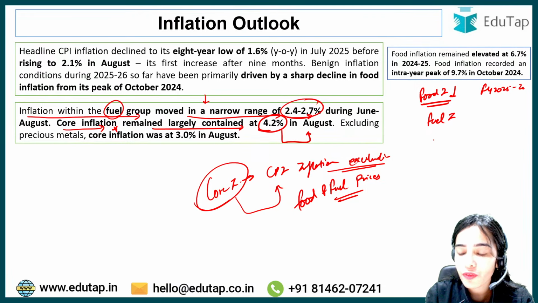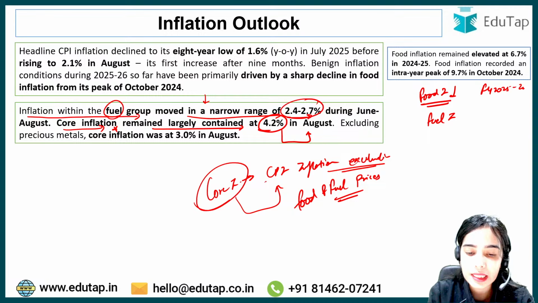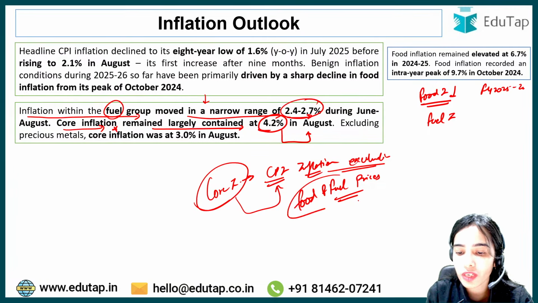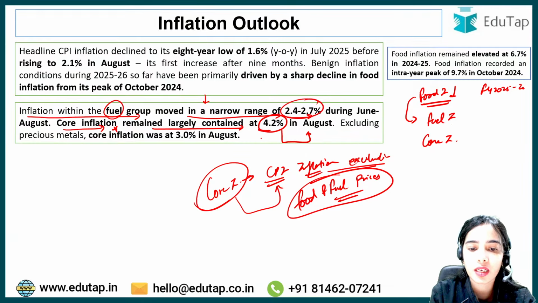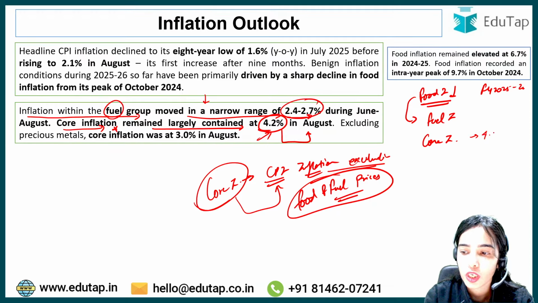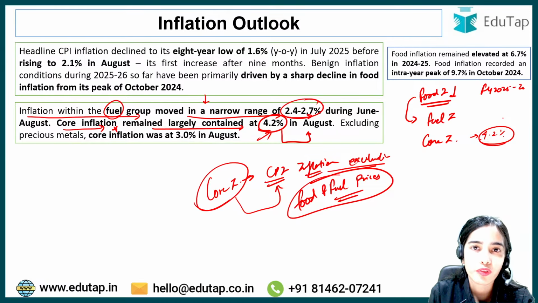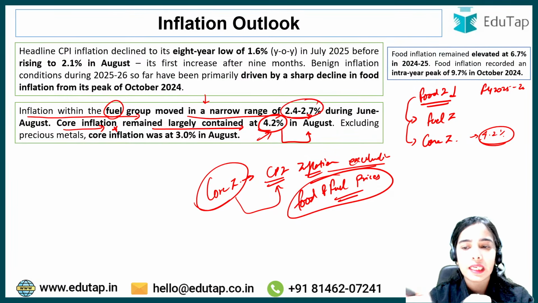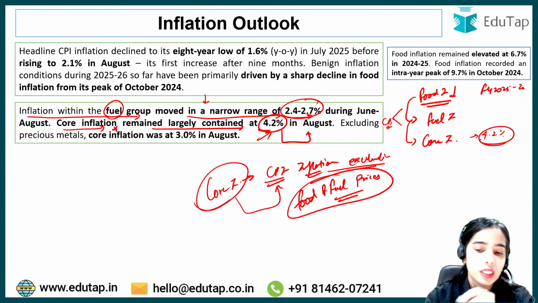If we see core inflation, that is CPI inflation excluding food and fuel prices, it has remained around 4.2%. So that is also around the target of 4%. Basically, all the inflation criteria for food, fuel and core inflation are not very high, and that's why the CPI inflation is low in the country.